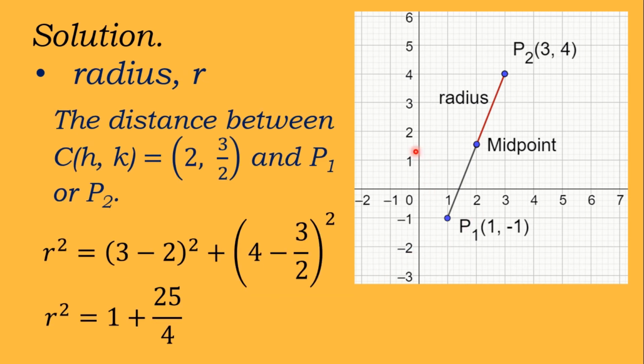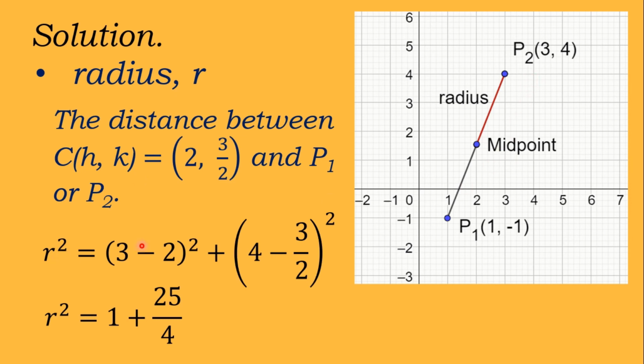The radius is solved through the distance between the center and P sub 1 or P sub 2. In here, I choose to solve the distance between the midpoint and P sub 2.